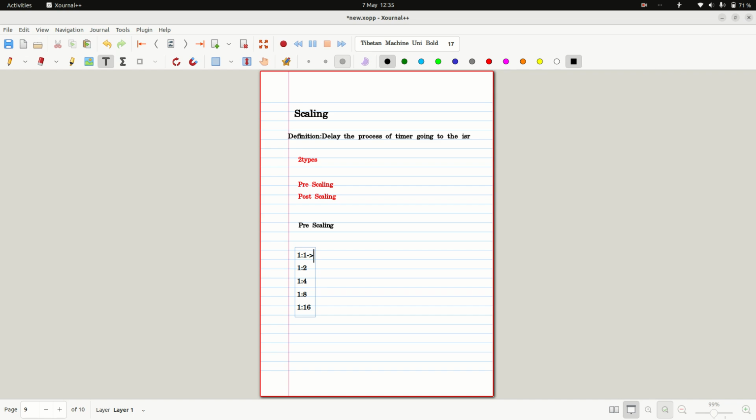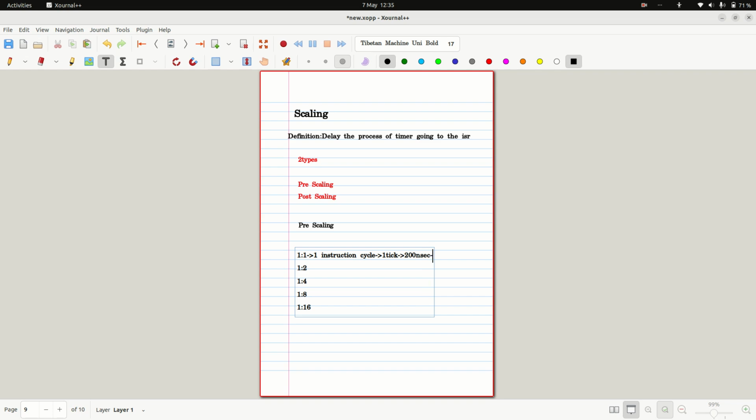After one instruction cycle, one tick happens in the case of 1:1. What is the duration for that? 200 nanoseconds is the duration.